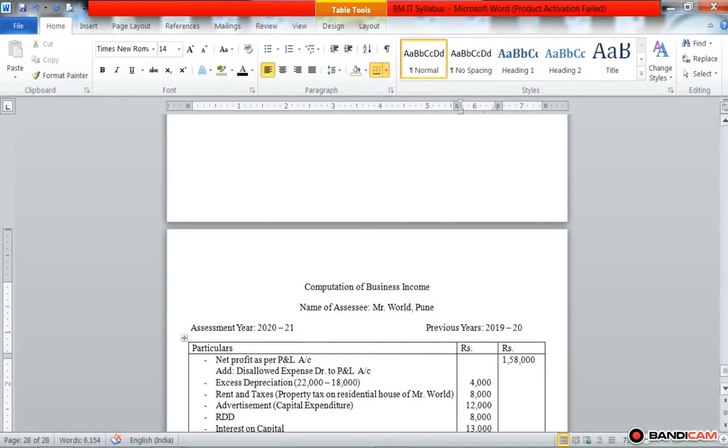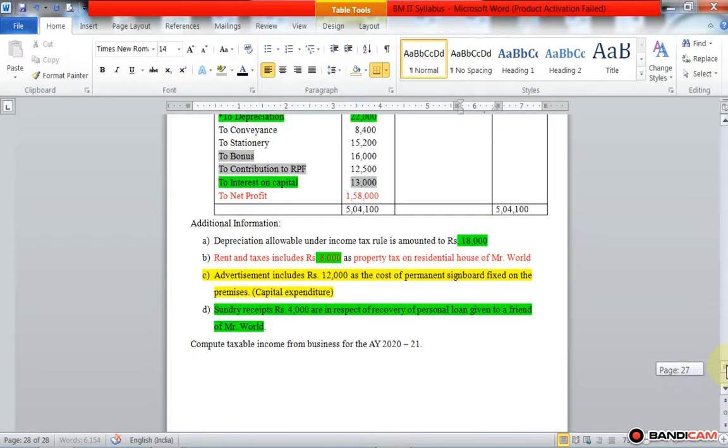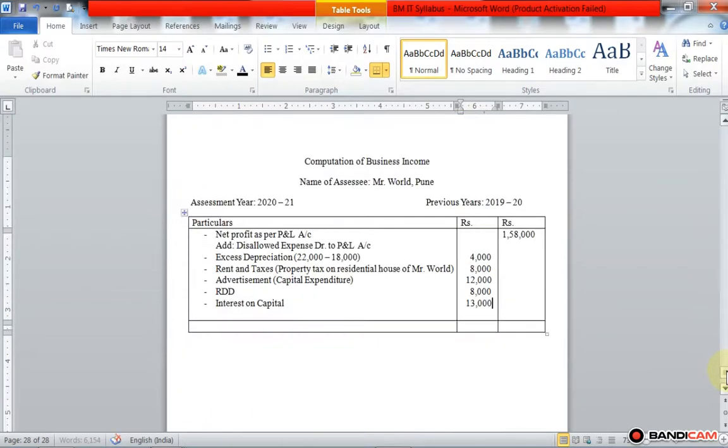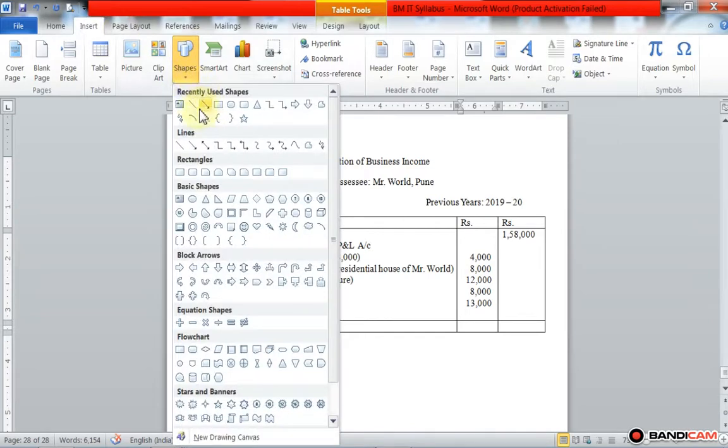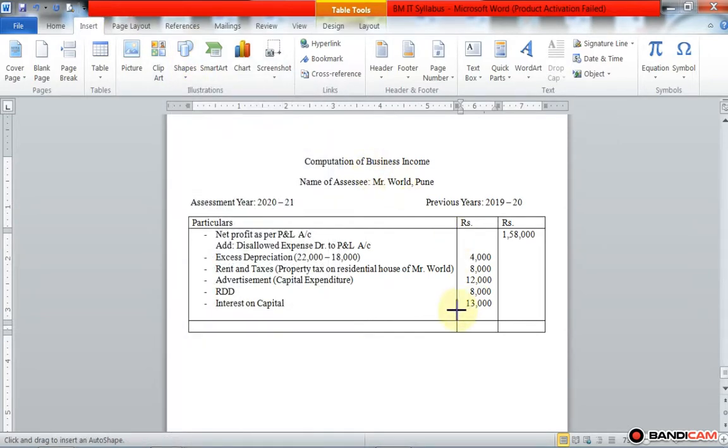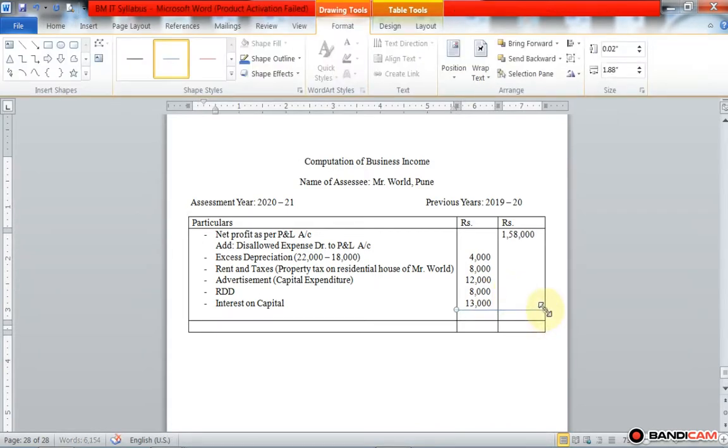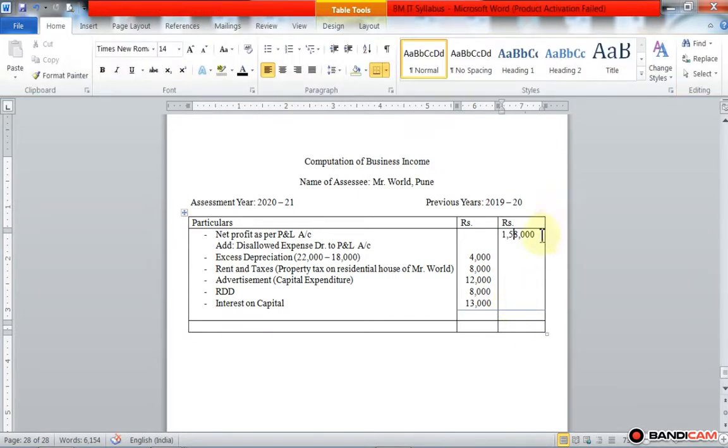We add all the disallowed expenses in net profit. Now we make the total of the inner column, and here total is equal to 45,000. 45,000 is the total of all disallowed expenditure.